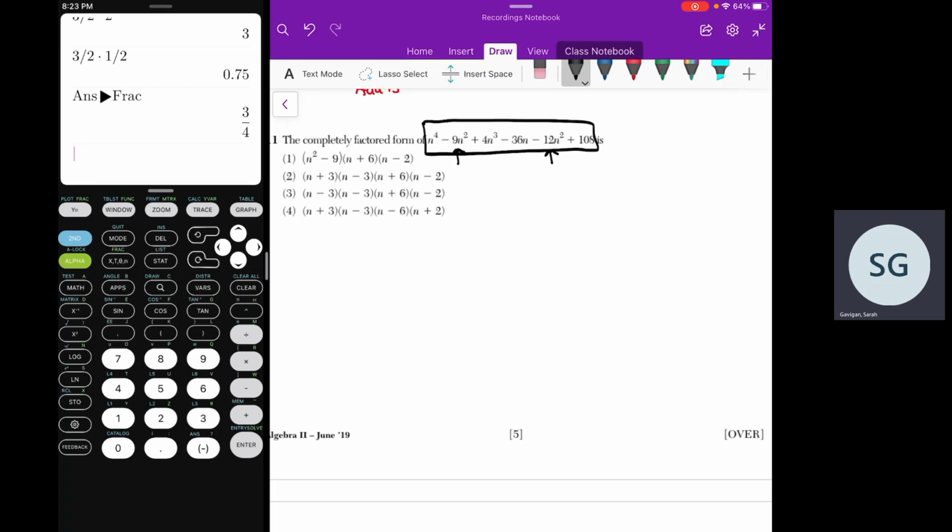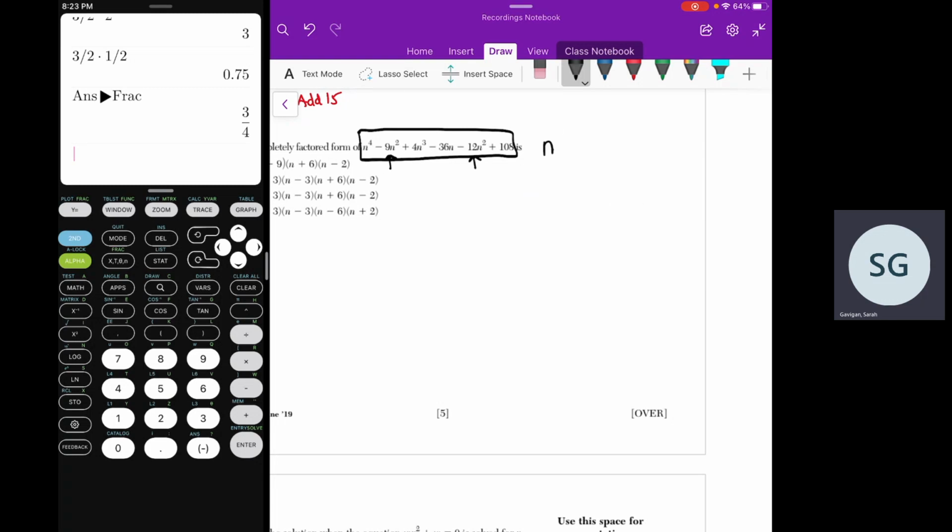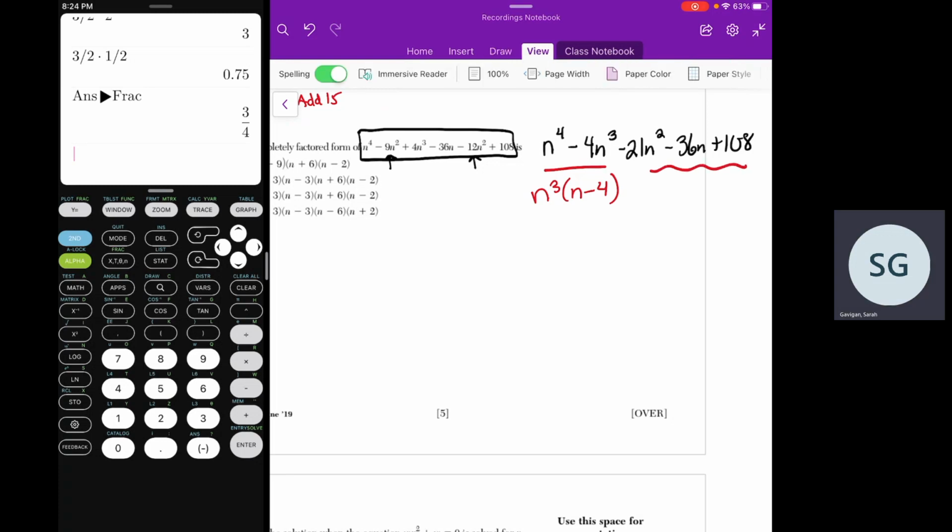So if you take those n squared terms and add them together, and while you're doing that, you might decide, oh wait, I should probably put that in standard form. We'll come up with this. Now, trying to factor this, it's not helpful. So you would try to group these together and you would come up with this, but then you have a trinomial left over, so that doesn't work.